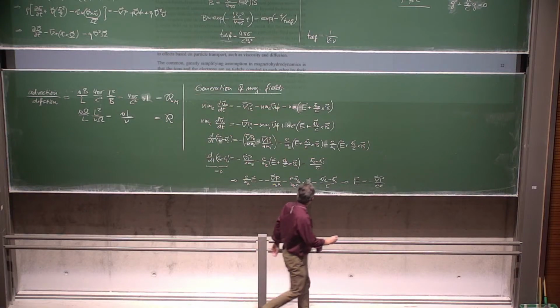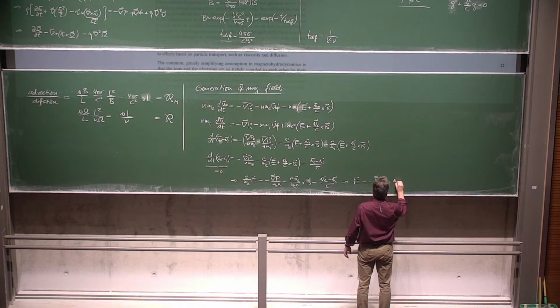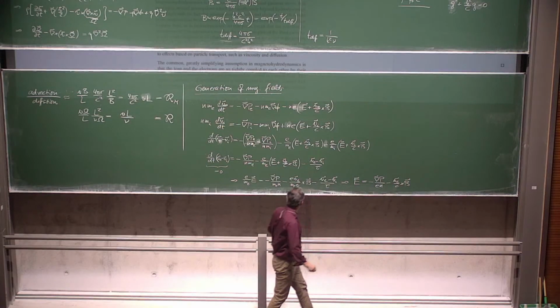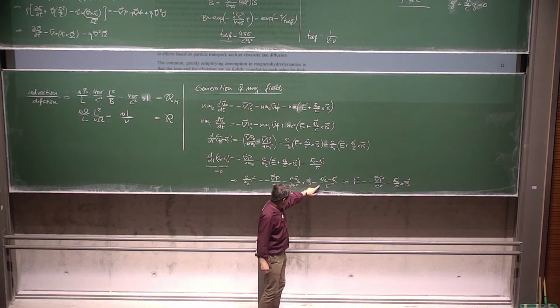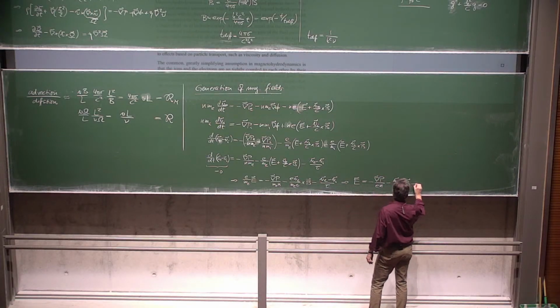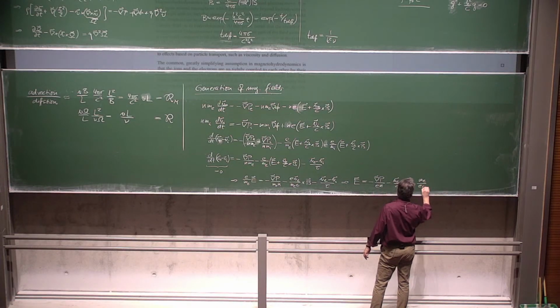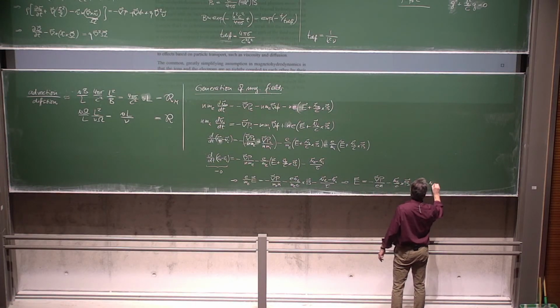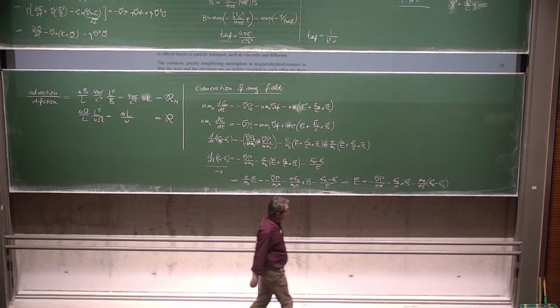Then you have minus v_e over c cross B from here. And you have m_e over e tau (v_e minus v_i).